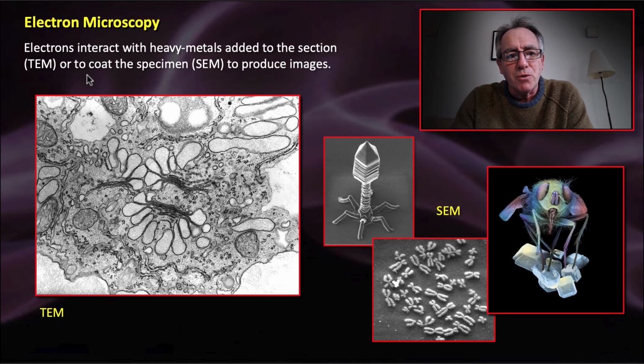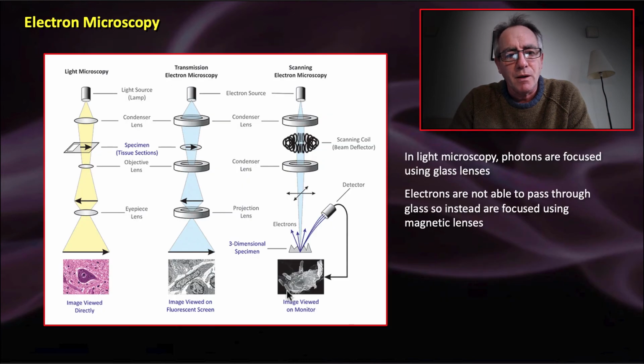So how does this work? Electrons interact with heavy metals which have been added to sections for transmission electron microscopy, or which have been used to coat the specimen for scanning electron microscopy. In a light microscope, just by way of review, you've got a lamp or a laser, if it's a confocal microscope, which fires a light which is focused by lenses, glass lenses in light microscopy, onto the specimen, which is at this level here.